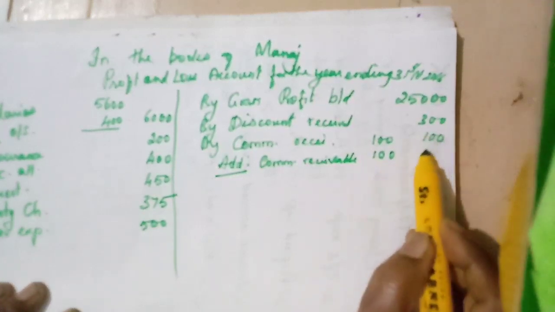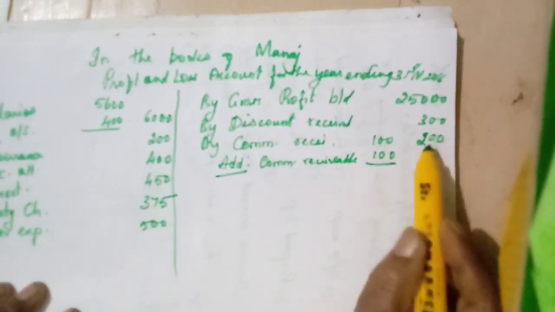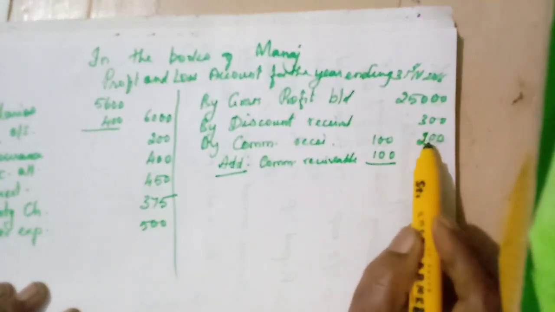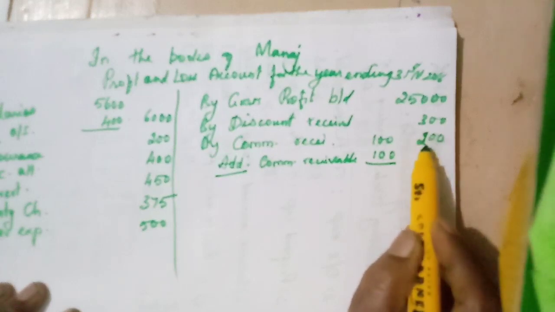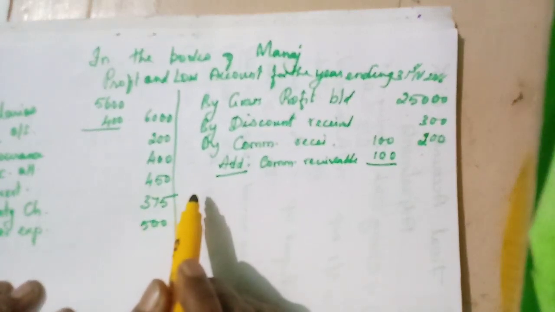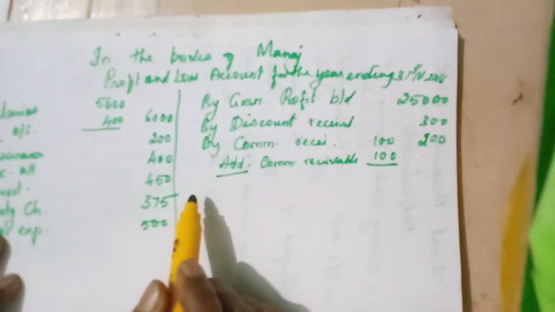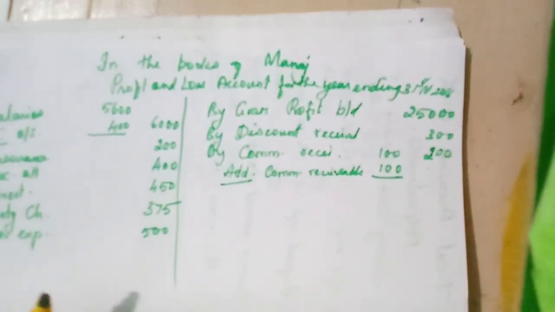So 200 is the amount. Here only we should write. Advertisement. Stationery. Traveling expenses. Stationery. Now one more adjustment.